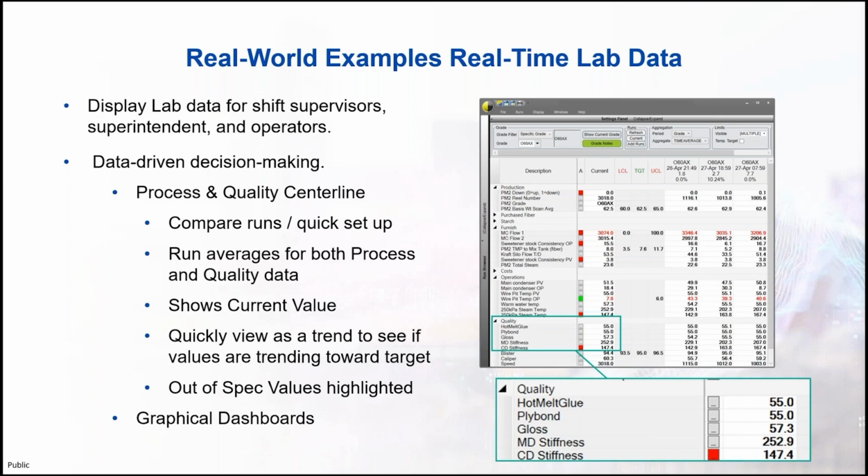So if you see a value starting to creep up, or the average is red, for some reason it's out of spec, and you want to see, well, am I trending up or down over time? You can actually put those values into a trend all at once instead of finding them in the tag browser and pulling them in one by one. And then you can see if your data is running in a direction you don't want it to go.